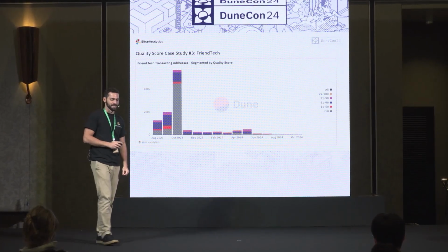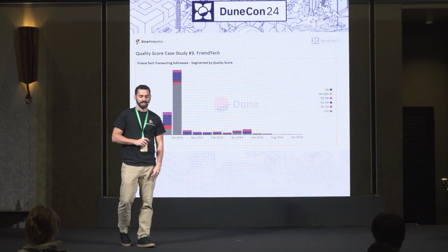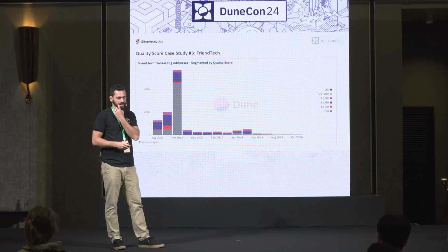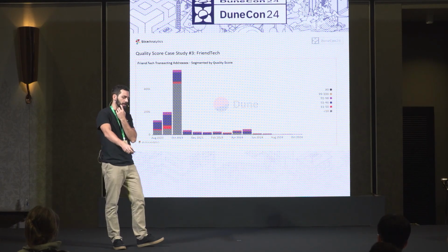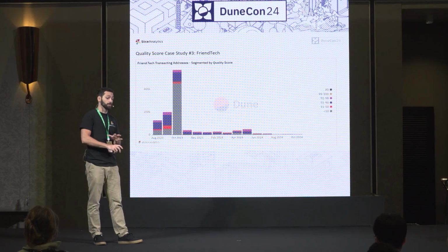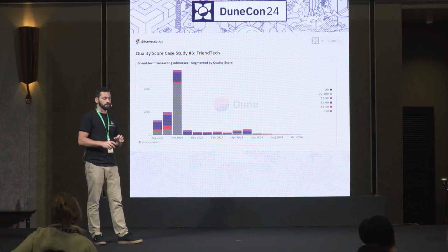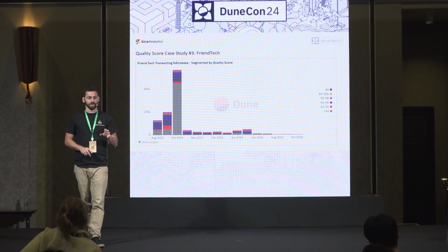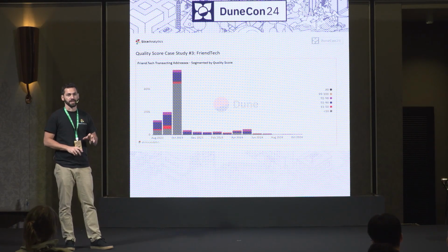Here's a really good example of showcasing this. FriendTech had, obviously, the airdrop, so they had some incentives there. If you look at their growth without the address quality score segmentation, it looks like they had really impressive growth. But what we're actually seeing when we segment it is that the majority of that growth was low quality users, mostly airdrop farmers.